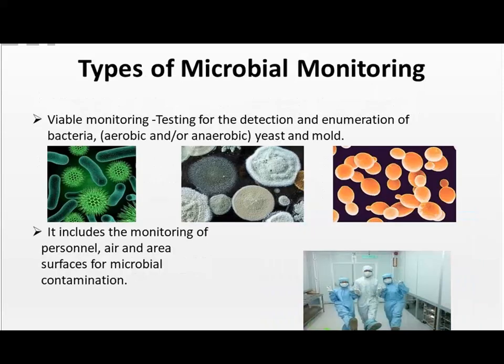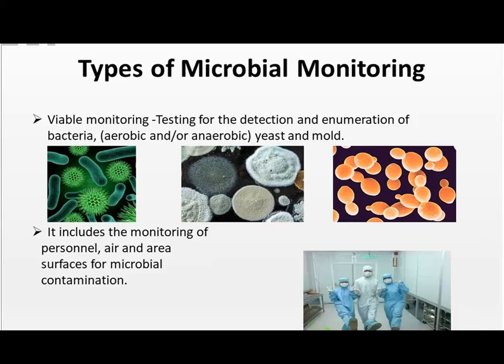So there are several types of microbial monitoring that we can do, and we just said that the viable monitoring is for living organisms. We're testing for the detection and enumeration of different types of bacteria and also for yeast and mold.